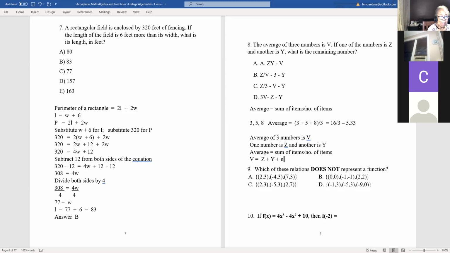And what would that be divided by? How many items do I have? 3. Very good. So in other words, I'd have, in parentheses, Z plus Y plus N divided by 3.